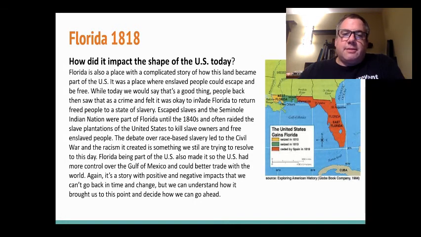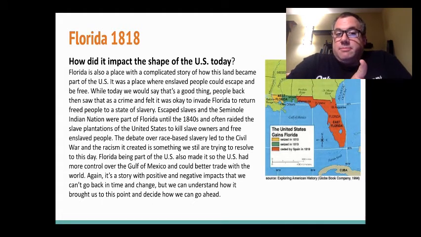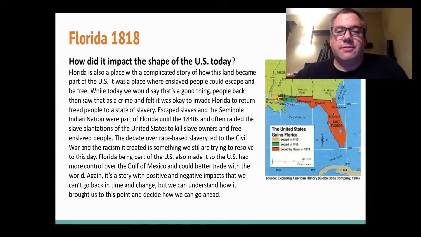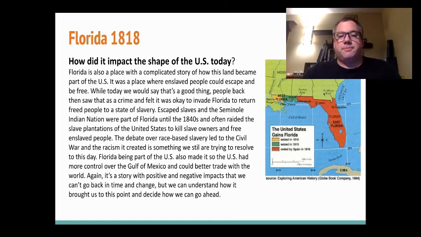And while, like it says in here, we see that today, obviously, no slavery is a good thing, people who owned slaves in that time period considered an escaped slave to be missing property. Or sometimes people who were enslaved who escaped to Florida would go with some Seminole American Indians and other escaped enslaved people, and they would raid some of the plantations here to rescue their family members, to help free other people.